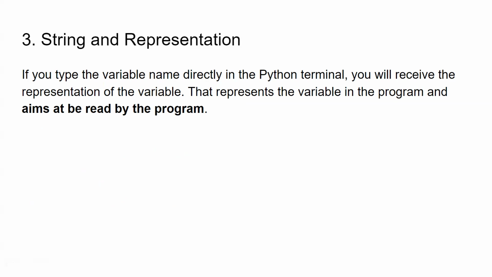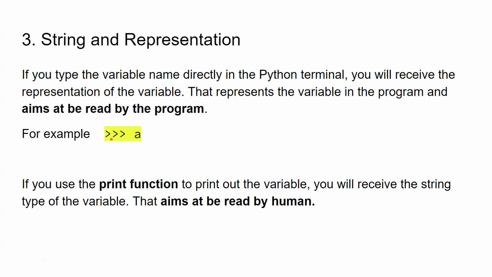If you use the print function, you print out the variable, you will receive the string, the string type of this variable class. This is intended to be read by humans. So why is one read by the program, and one read by humans?